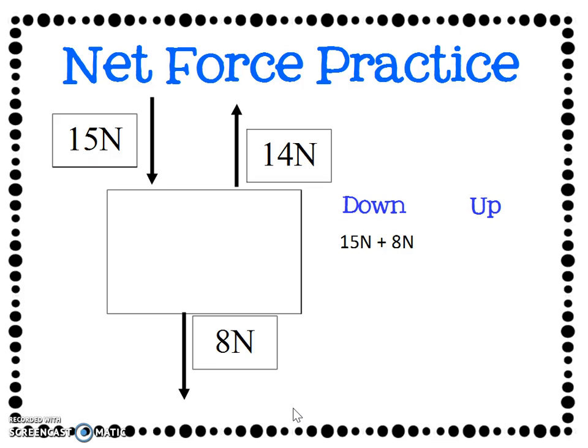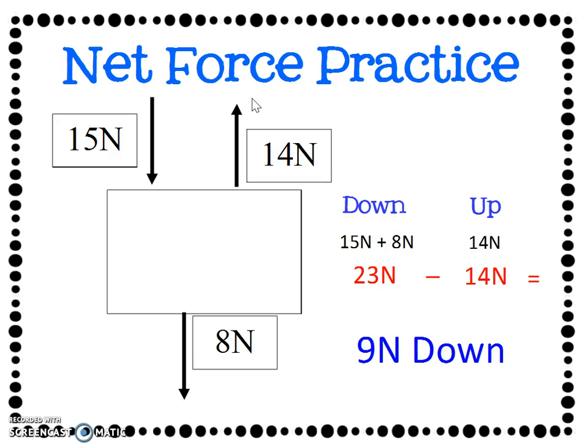When looking at how much is going up, you have only 14 newtons. So altogether, the force going down is 23 newtons, and altogether, the force going up is 14. Those are opposite directions, so to find the net force, we will subtract those, and you will get 9 newtons down. That box is going down.